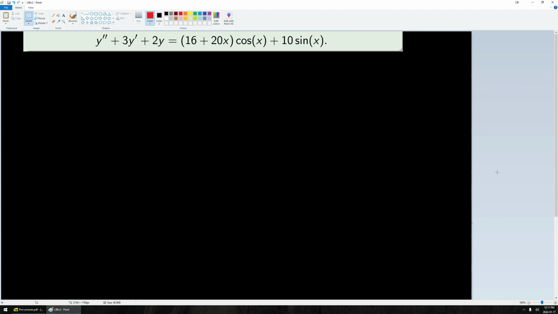Okay, so in this case, if I were to make the ansatz that y sub p was simply that sine and cosine thing, some constant times sine of x plus some constant times cosine of x, what would end up happening is, when I differentiate all of these terms, this thing would become something that looks like some constant times sine of x.